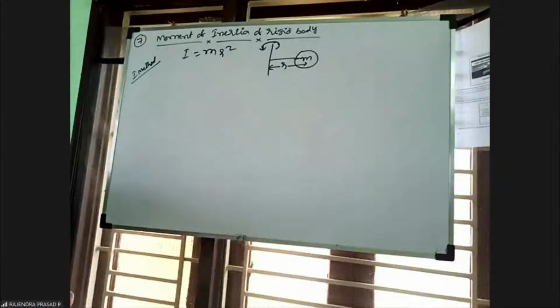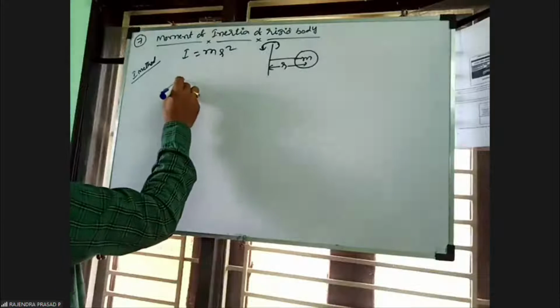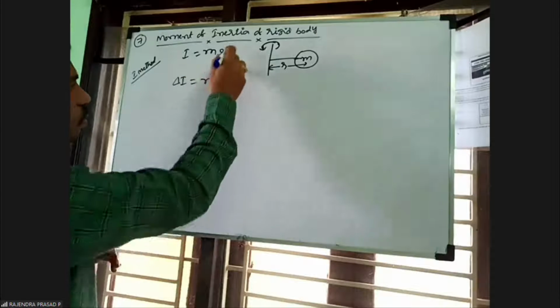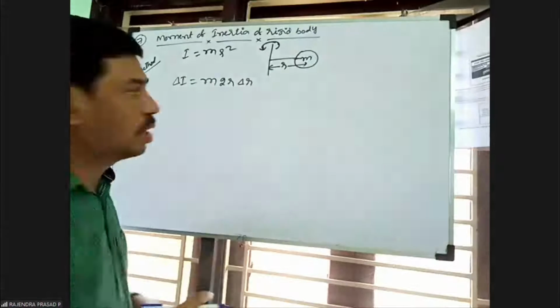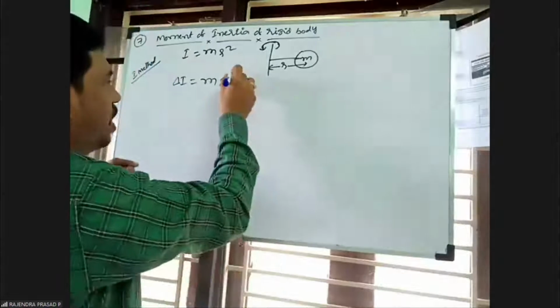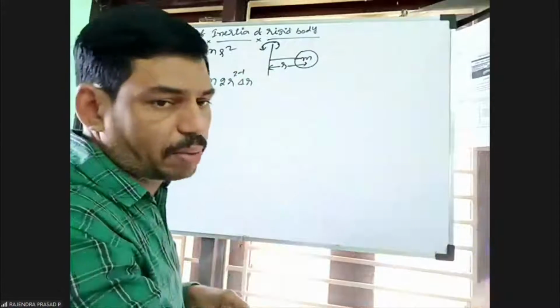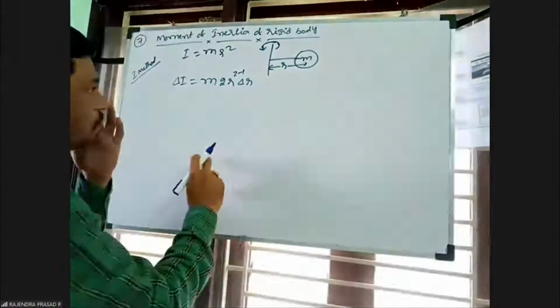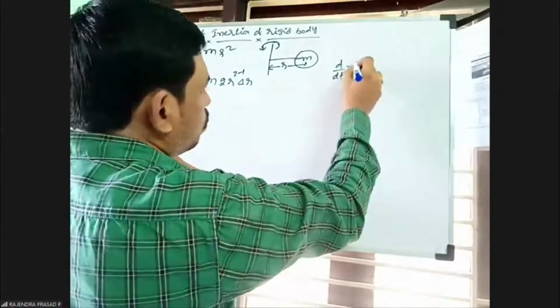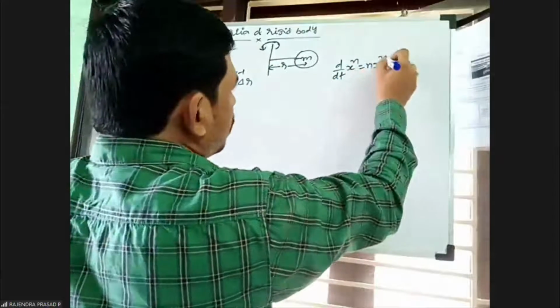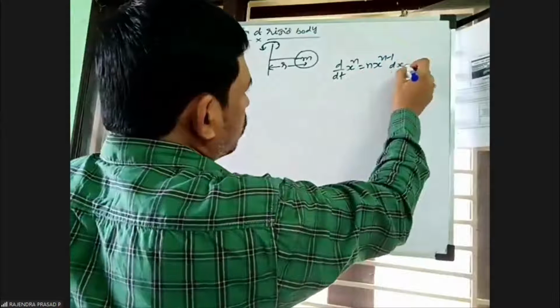So differentiate on both sides. Delta I is equal to m into 2r into delta r. This is the general formula: d by dt of x power n is equal to n x power n minus 1 into dx by dt.